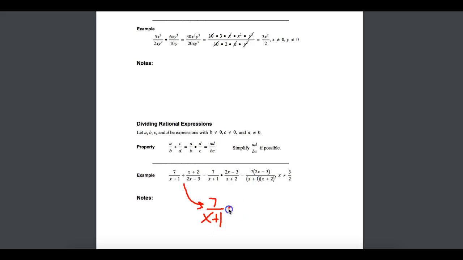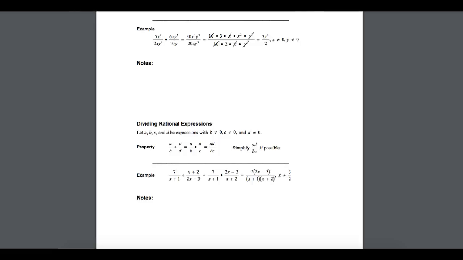You write a dot in the middle, and you remember dot means multiplication, and then you flip your second fraction, so 2x minus 3 over x plus 2. So that's all you're doing: copy the first term, write a dot, and then flip your second term. And that's it. Copy dot flip. Say it a few times and I guarantee you it'll get stuck in your head.